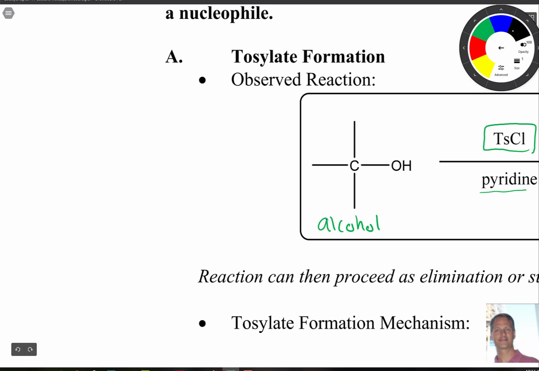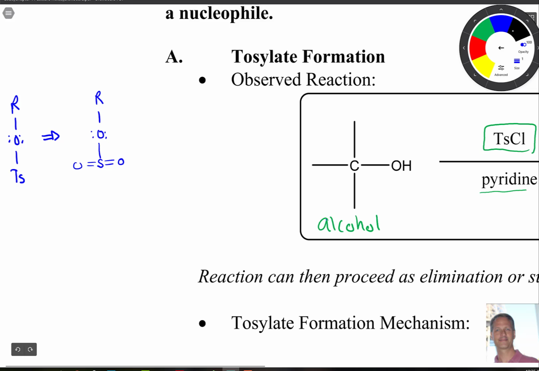Okay, so the way we often abbreviate this is an ROTs. Okay, so this is the same as this guy. So let's draw out that Ts group here. So there's your RO group. Now we're going to come down here, and it's connected to sulfur.